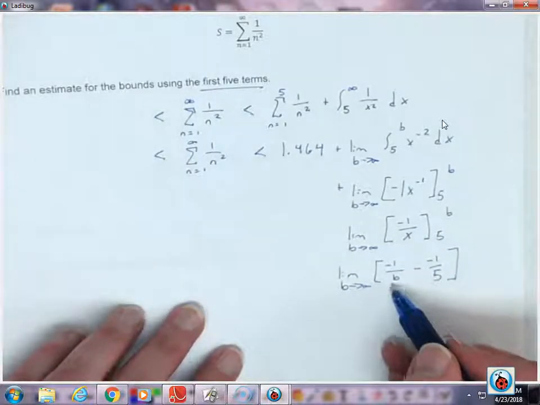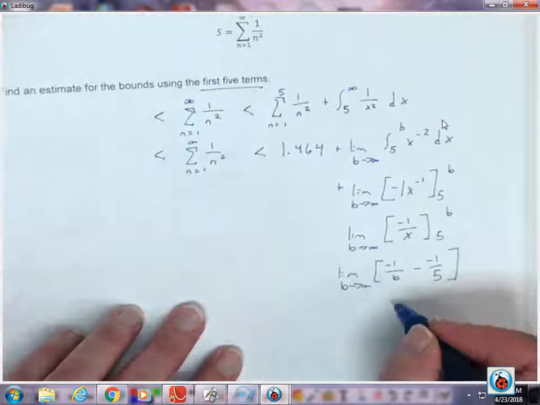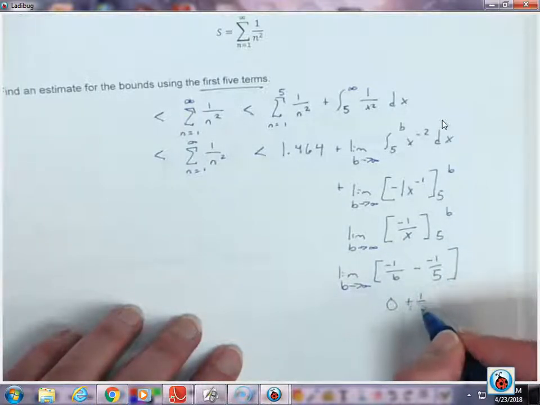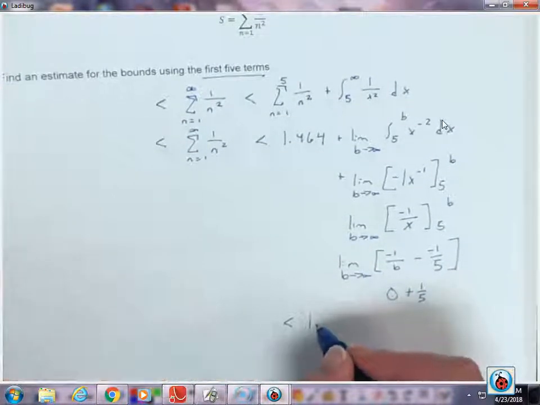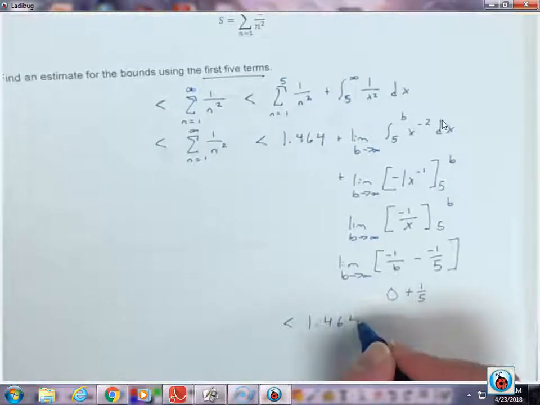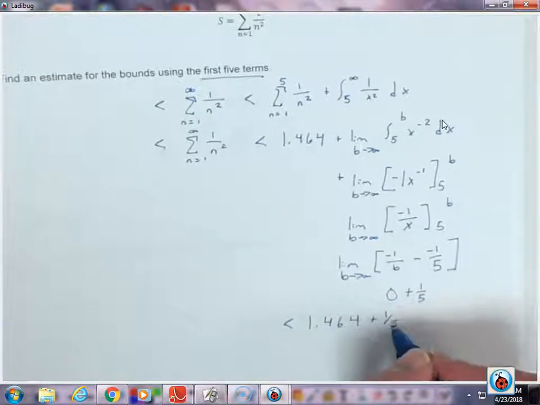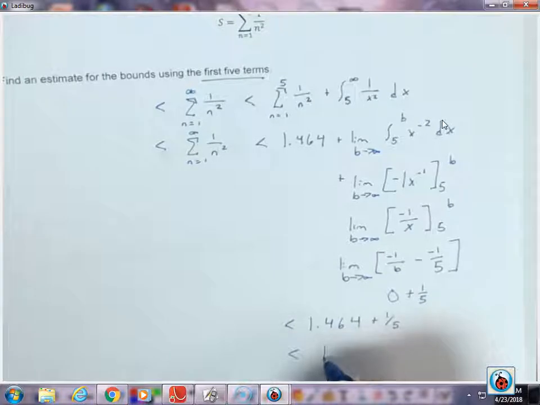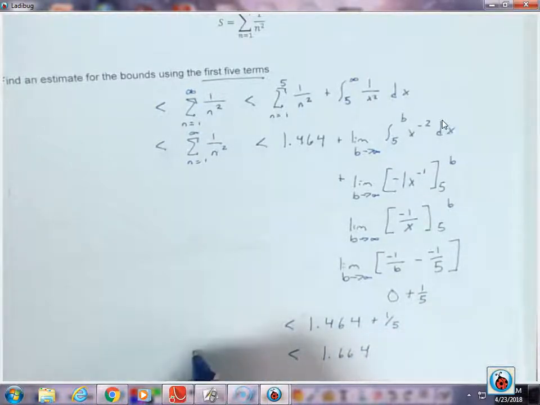And so as b goes to infinity, this term is going to go to 0. So you just have 0 plus 1/5. And so your upper bound there is 1.464 plus 1/5, or about 1.664. Okay, and so that is our upper bound for this infinite sum.